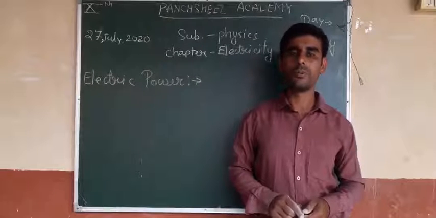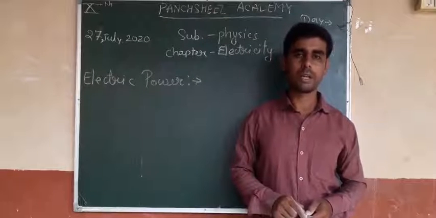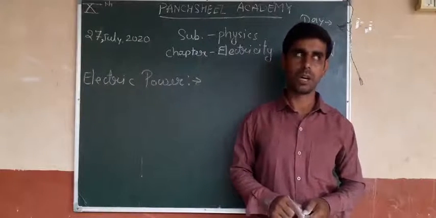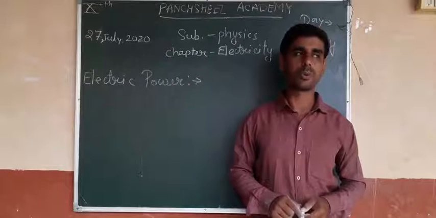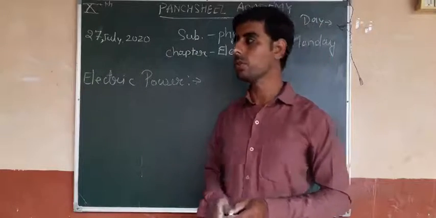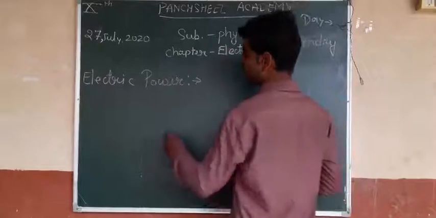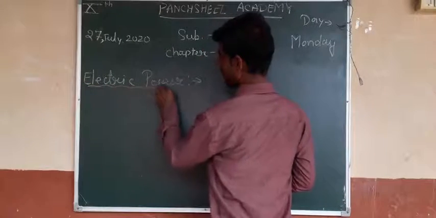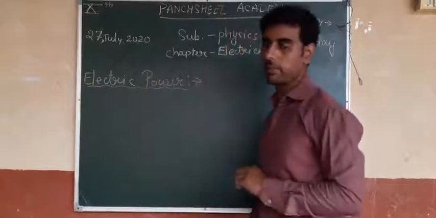P equal to V into I, voltage into current, P equal to I square into R, and P equal to V square upon R. So these three formulae are related to electric power.